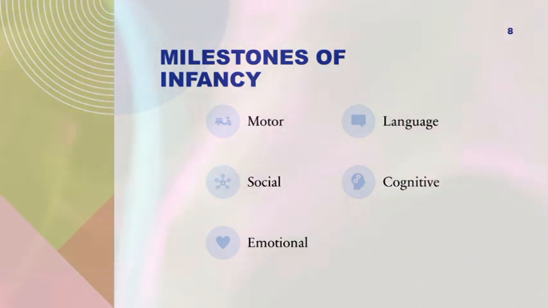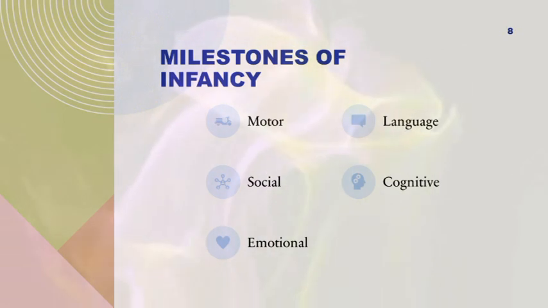Then there's also social development. And infancy is a period of really burgeoning social development. It's marked by the formation of attachments with caregivers and the development of social bonds with peers. And infants really demonstrate a preference for familiar faces.